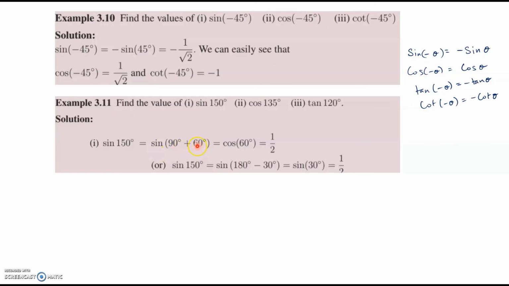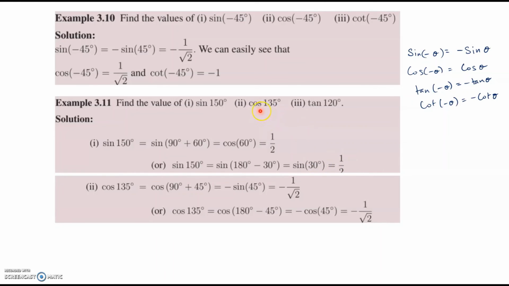So sine 90 plus theta will be equal to cos theta. So using that formula, sine 90 plus 60 will be equal to cos 60, and cos 60 is 1 by 2. If we consider 180 minus theta, then sine 180 minus theta is equal to sine theta.